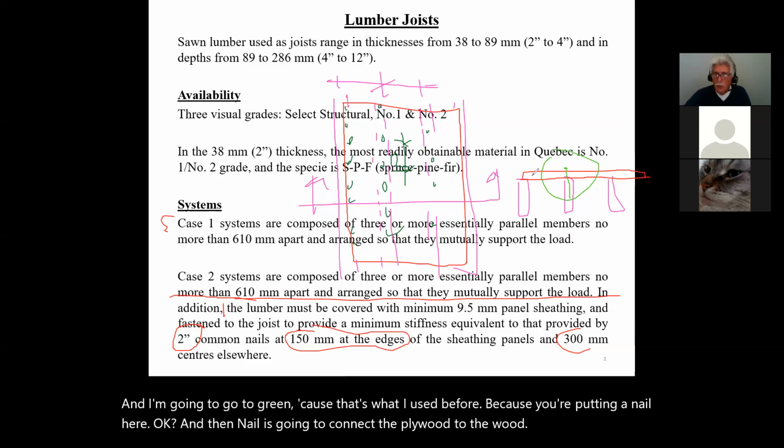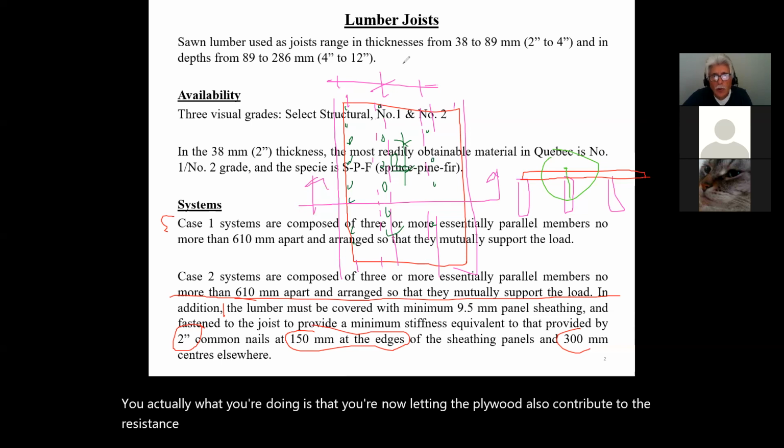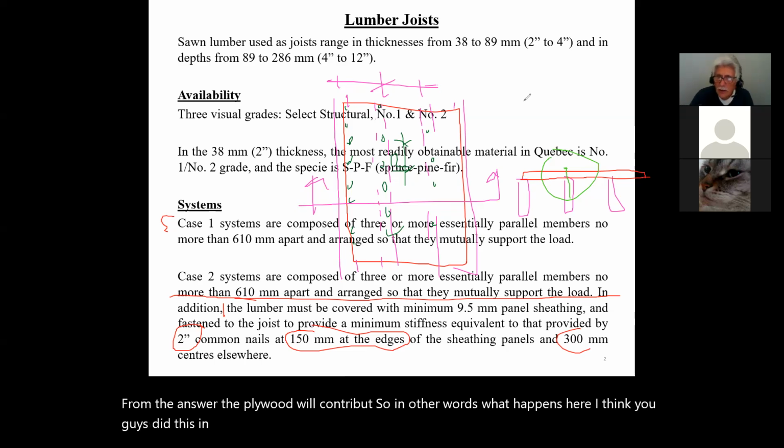What you're doing is you're now letting the plywood also contribute to the resistance of the joist, and therefore you are creating a little bit of a T section, and so the plywood will contribute. In other words, I think you did this in your physics, where you had to calculate the nails of the wood stuck together, for shear flow.